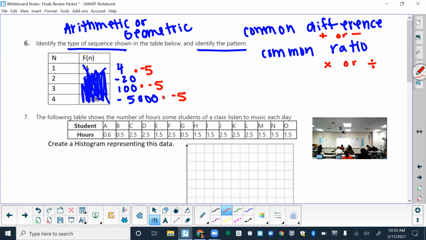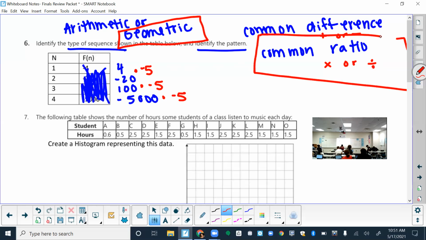That's why the signs keep flip-flopping, right? So if I'm multiplying, is this a geometric or arithmetic sequence? Geometric, because we're multiplying each time. And so my common ratio, because ratio goes to geometric, is -5.